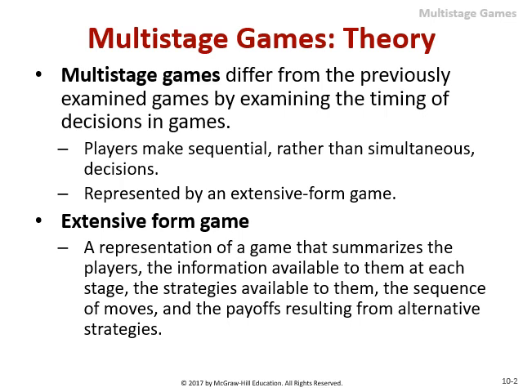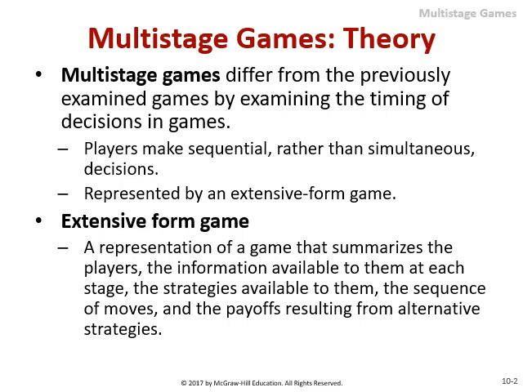So as in previous games, any representation of the game should include the players, who are playing this game, the strategies that they will play, and the payoffs that result from these strategies. But here, because this is a sequential game, the timing is important.